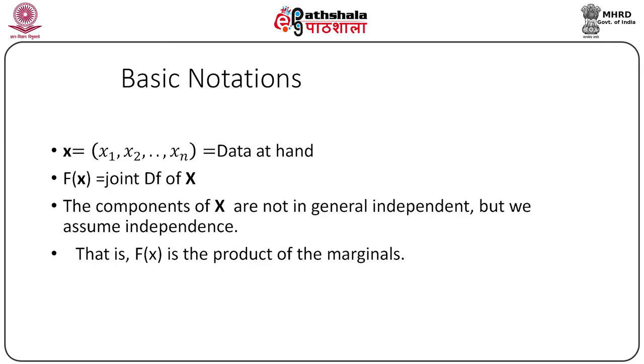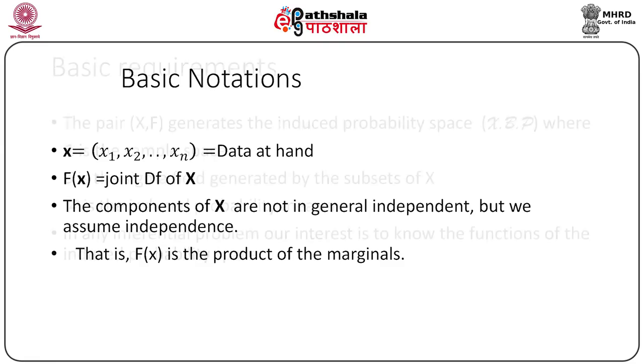Therefore, the joint distribution of data is nothing but the product of the individual marginal distributions. Suppose the data is x and F, that is capital F, is the corresponding unspecified joint distribution.